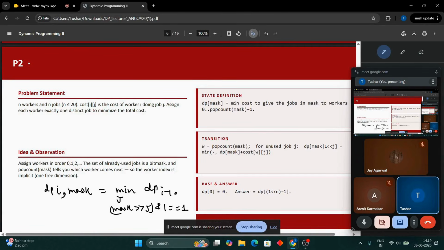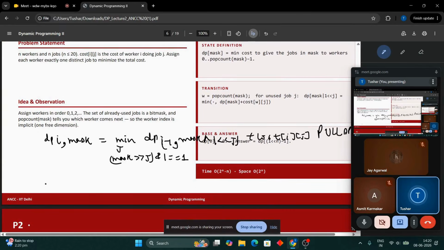So the first i minus 1 persons should have been distributed among the jobs. This state depends on this state plus cost[i][j]. This is known as pull DP. Basically, we are pulling the answer for this state from some previous state.